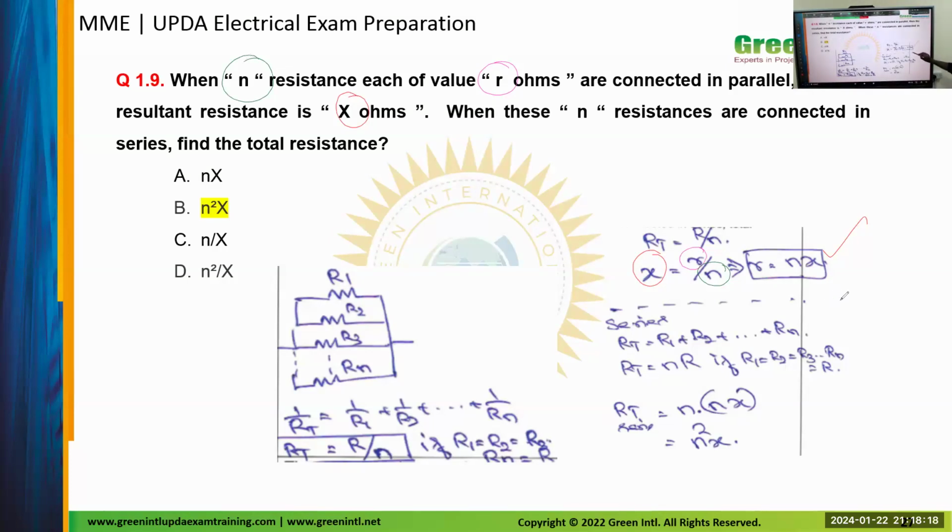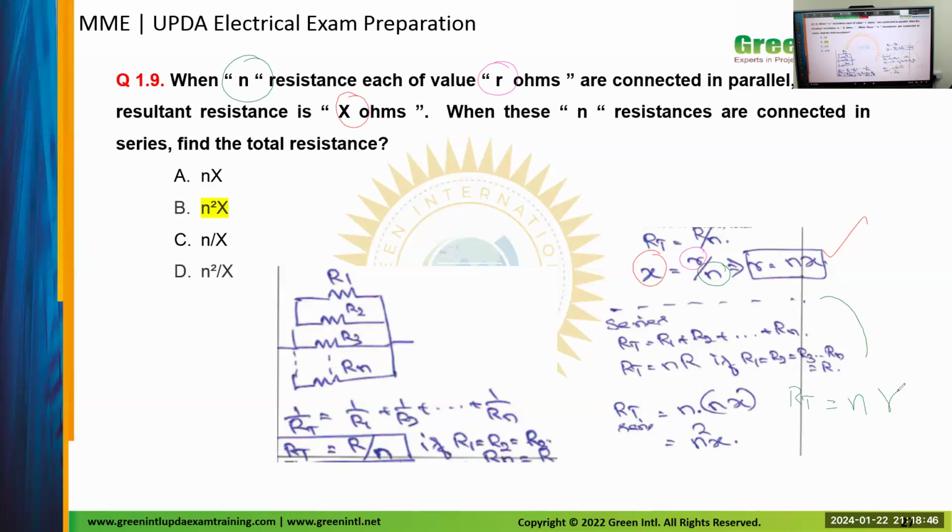Then we have the series circuit. RT series is equal to, the formula is, N into R. So we put N, and the value for R we derived from here, N into X. So N into N X, which is N square into X.